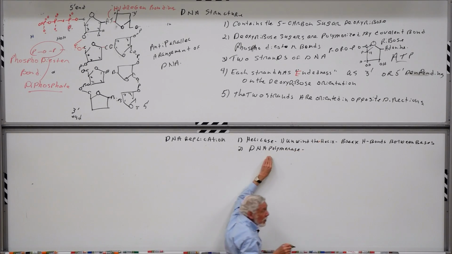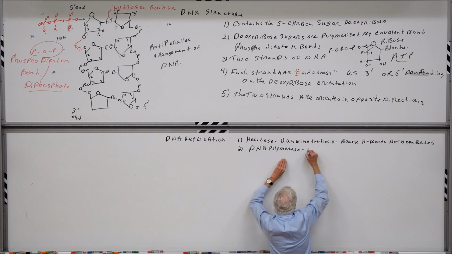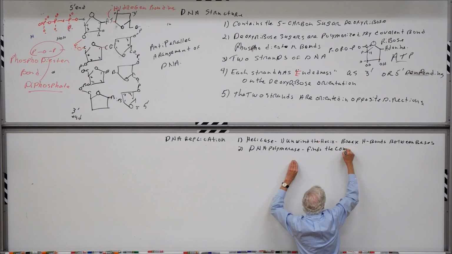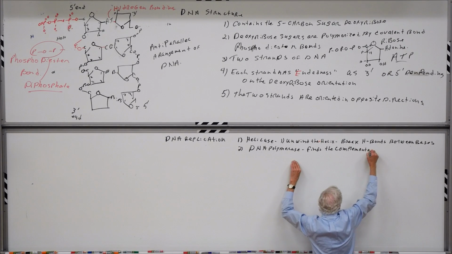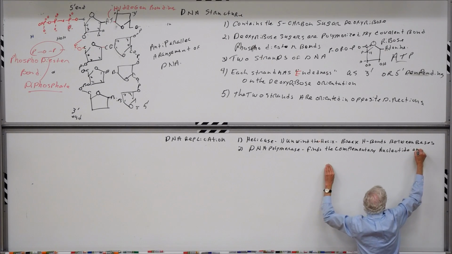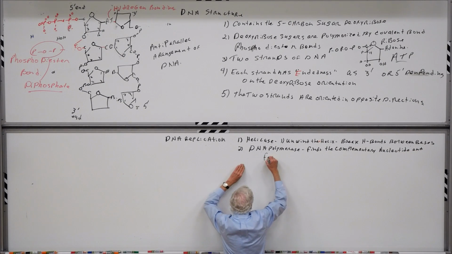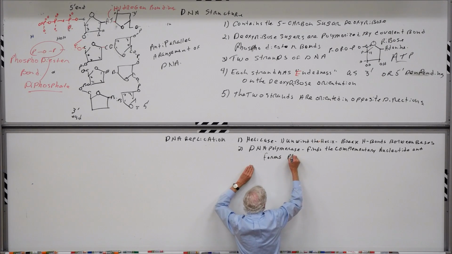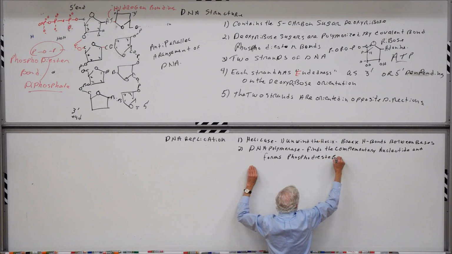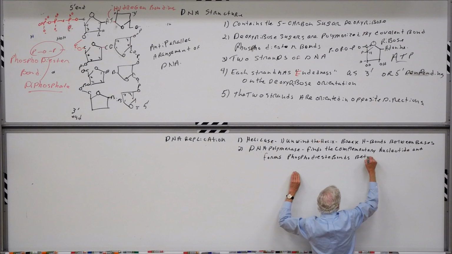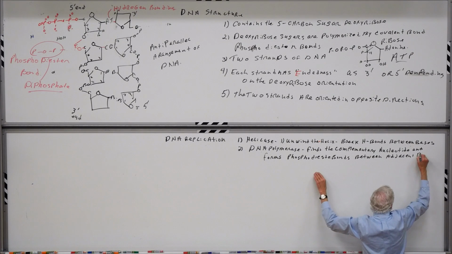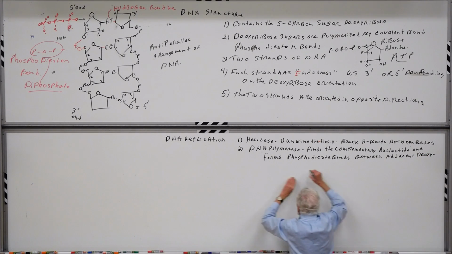And what DNA polymerase does is that it finds the complementary nucleotide and forms phosphodiester bonds between adjacent deoxyribose molecules.